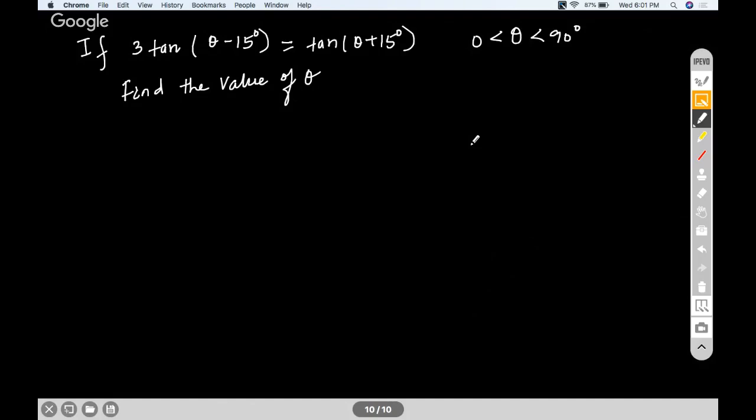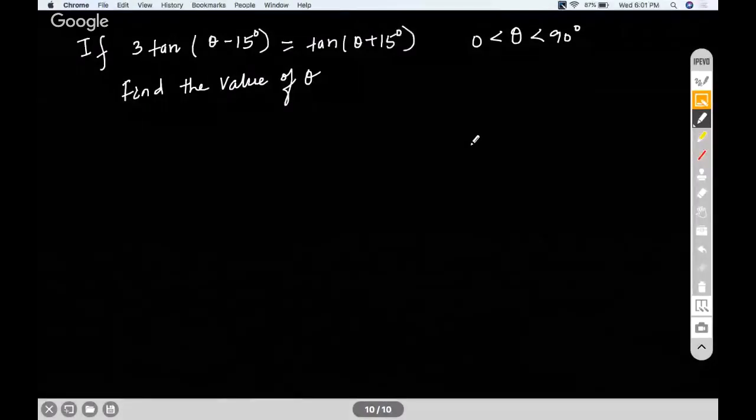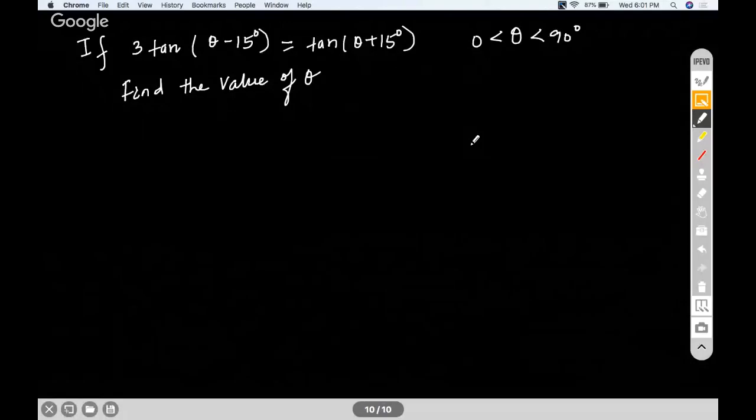Forty-five degrees, that's correct. Did you guess it or did you solve it? Manav, was that a guess or did you solve it?